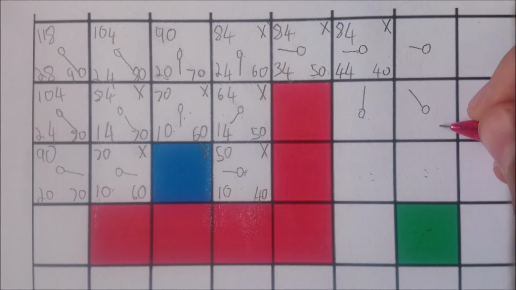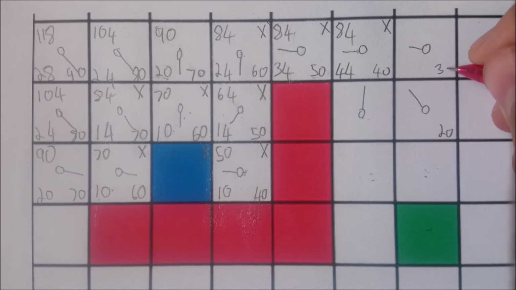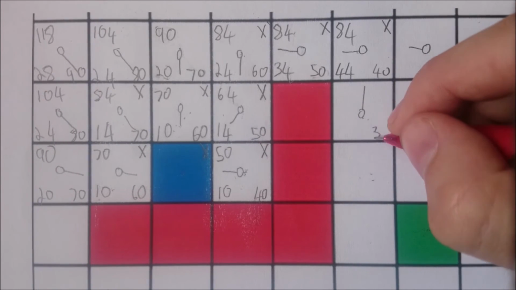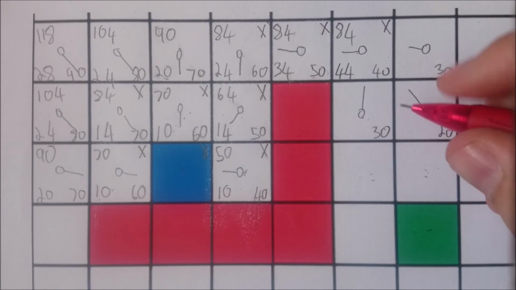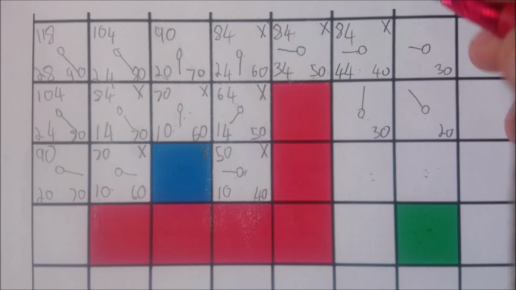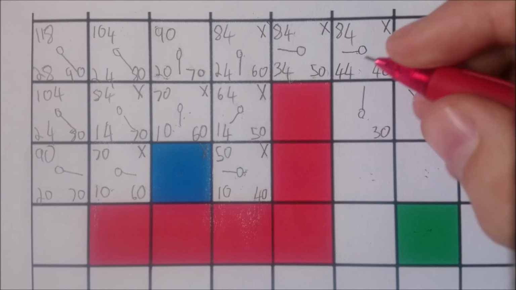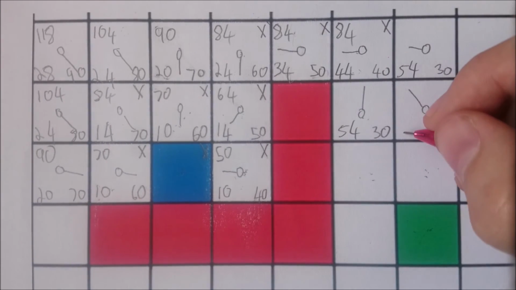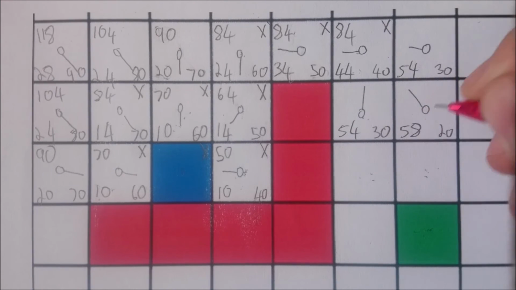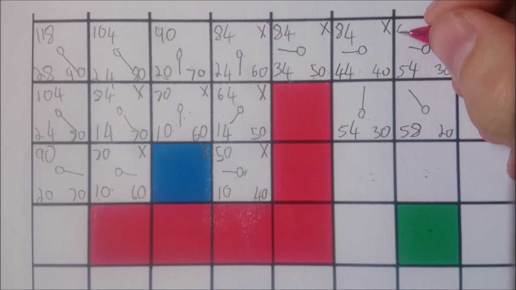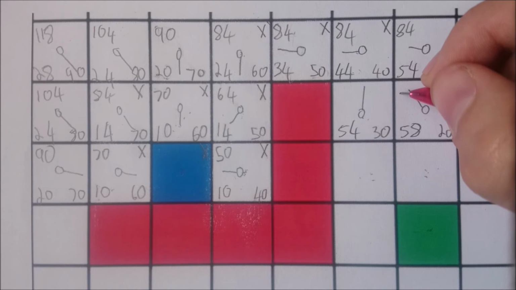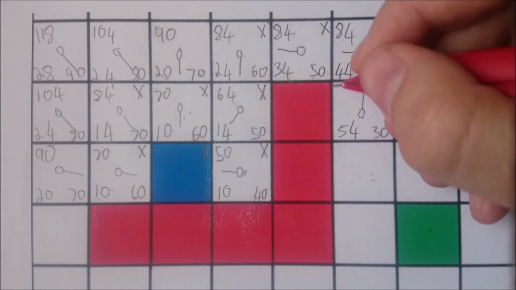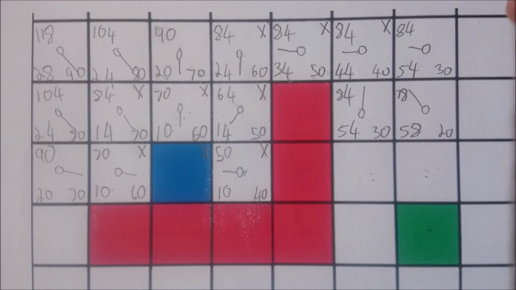This one is 10, 20, 30, 30. The G scores will be 44 plus 10 is 54. 44 plus 10 is 54. 44 plus 14, 58. Give us an F score of 84 there, 78 here, and 84 here.